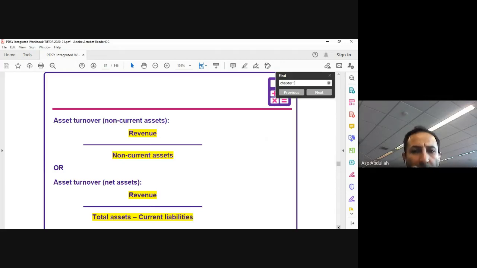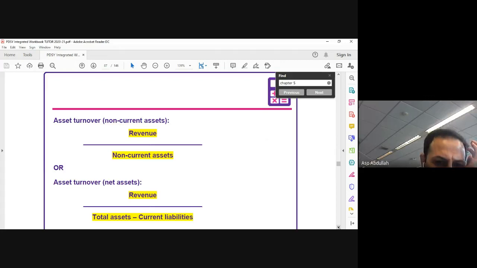Okay, so if you have a revenue figure, where can we find revenue? We can find revenue from the statement of profit and loss. Where can we find non-current assets? We can find non-current assets from the statement of financial position, at the top.